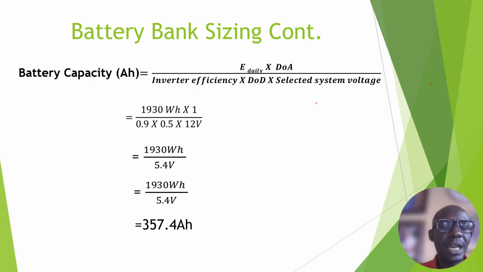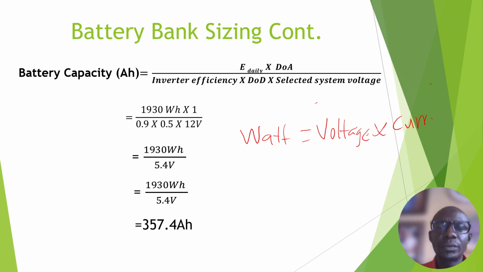I have watt hour here, and watts, which is power, is the same thing as voltage times current. Voltage is V and current is I. Do you understand?